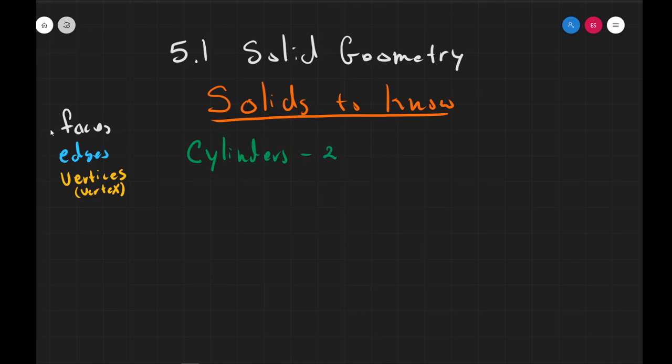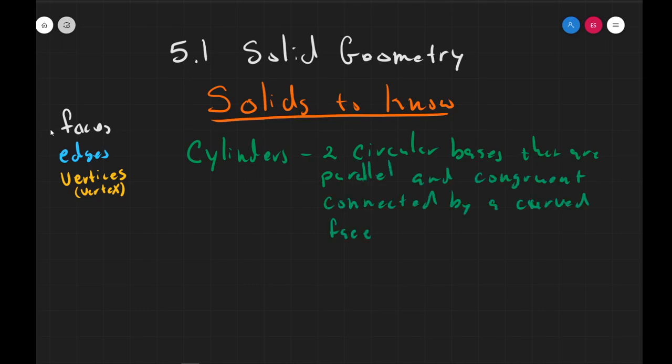So we have two circular bases that are parallel and congruent that are connected by a curved face. Okay, two circular bases that are parallel and congruent connected by a curved face.